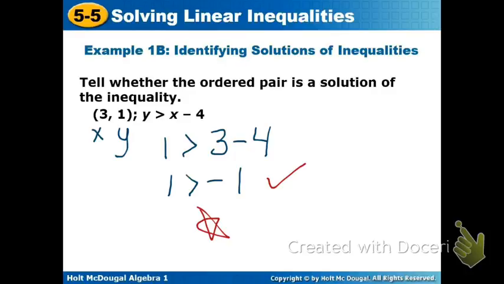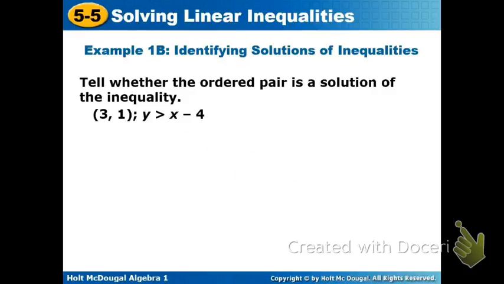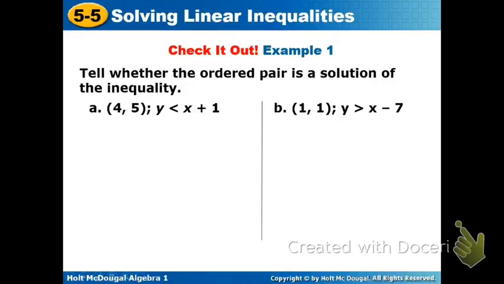Alrighty, so we've got a couple more examples on this next slide here. And I want to go ahead and work through these just to make sure that everybody's got the hang of what you have to do here. So the first one, letter A, you've got the coordinate point 4, 5, and your inequality is y is less than x plus 1. So let's get this set up.